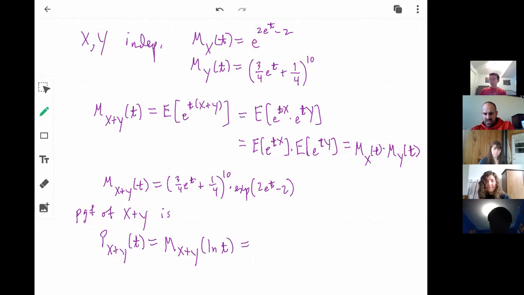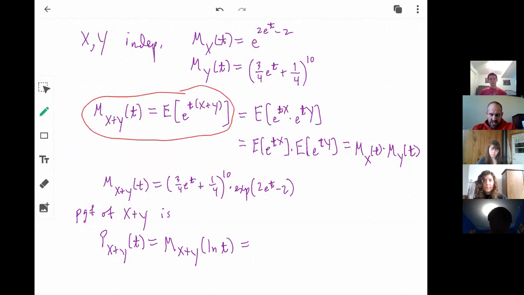Okay. Because if I do that, think about what that's going to do. Look at this right here. If I were to replace t with logarithm of t, this would just be the expected value of what?